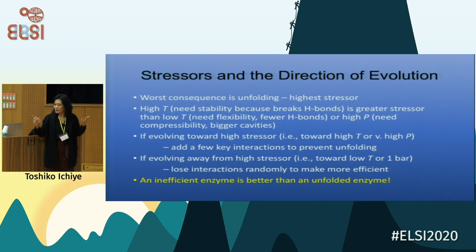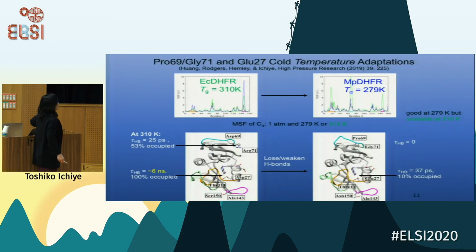You don't completely destroy the enzyme. So you can make it a little bit better in lots of ways. And so there's more of a tendency that you have lots of random changes all over the place if evolving towards a low stress environment.